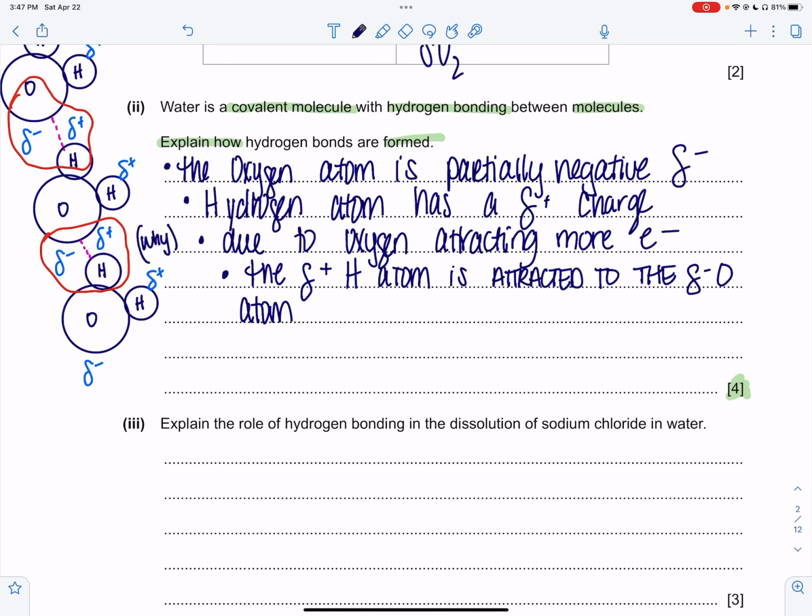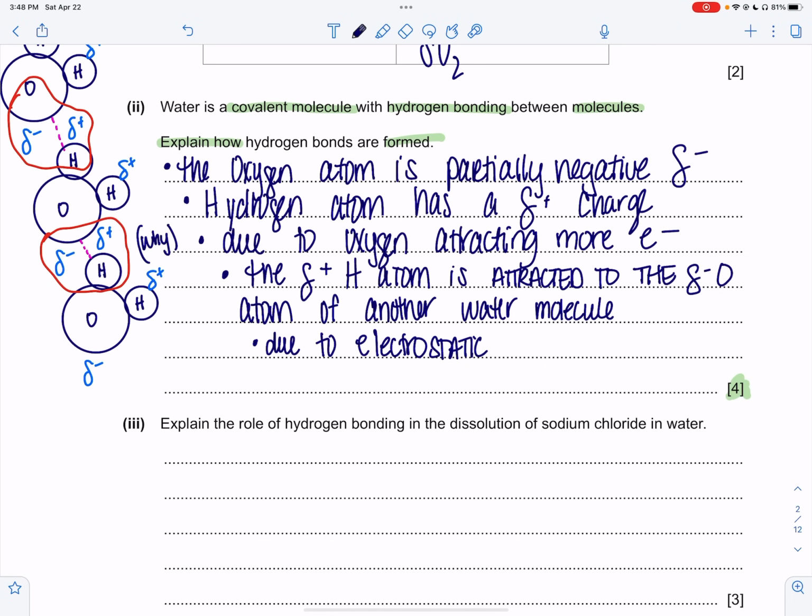The partially positive hydrogen atom is attracted to the partially negative oxygen atom of another water molecule, due to electrostatic forces, which also means that opposite charges attract.